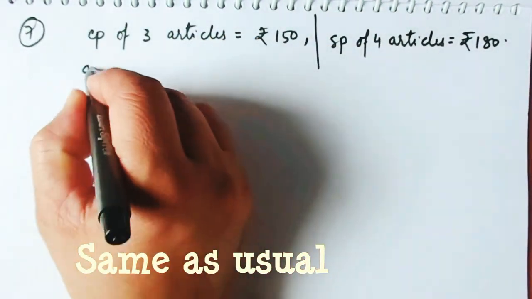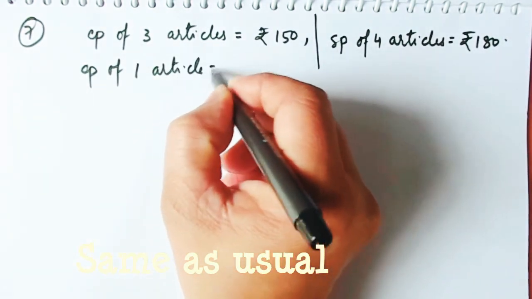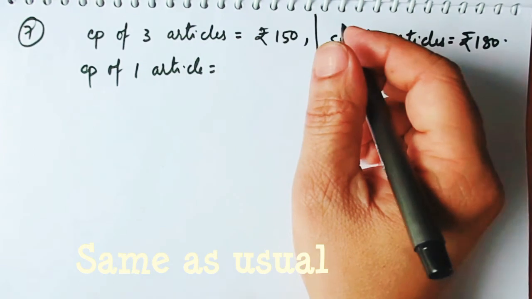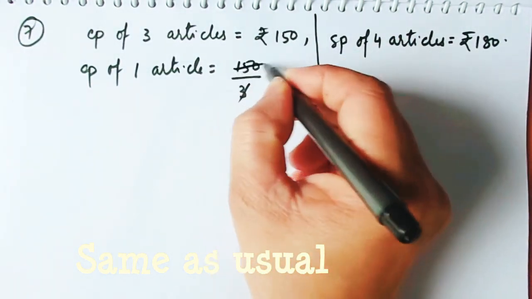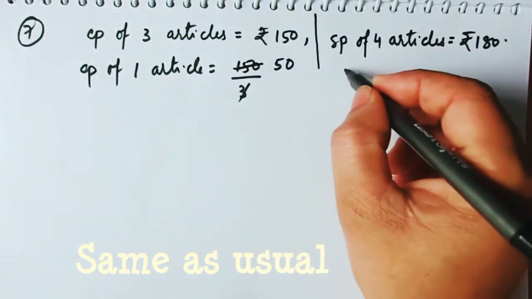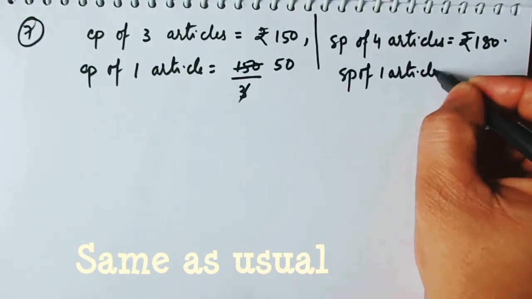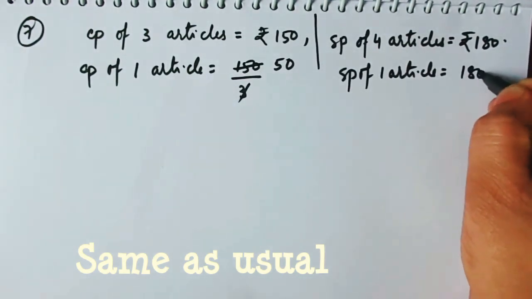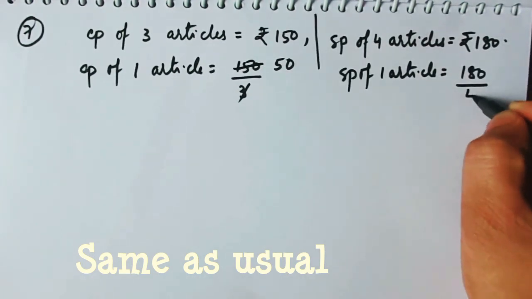So naturally the cost price of 1 article will be equal to 150 by 3. 3 5s are 15, that is 50. And the selling price of 1 article over here is equal to 180 divided by 4.